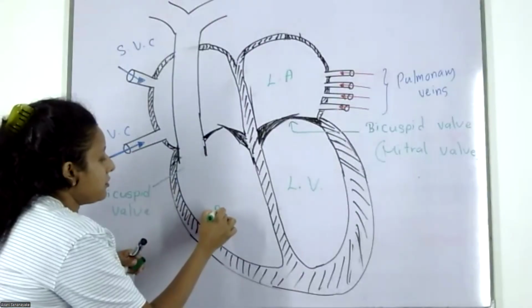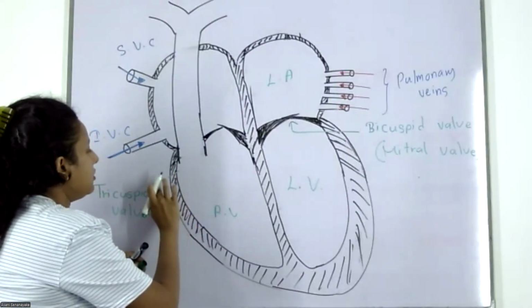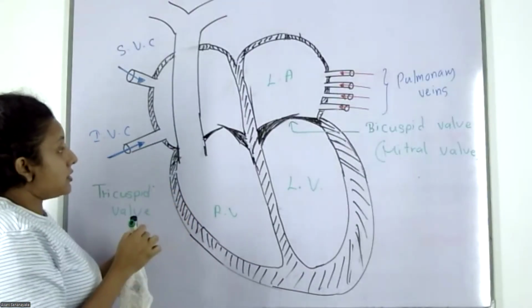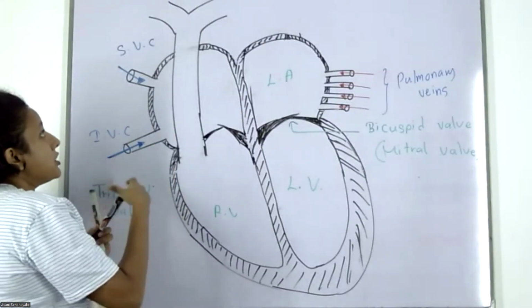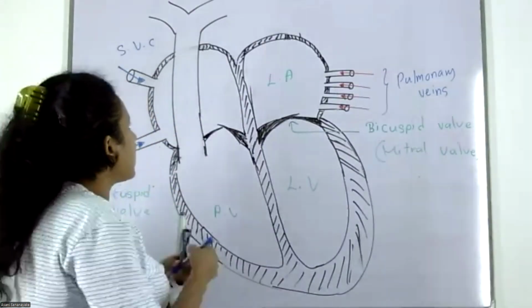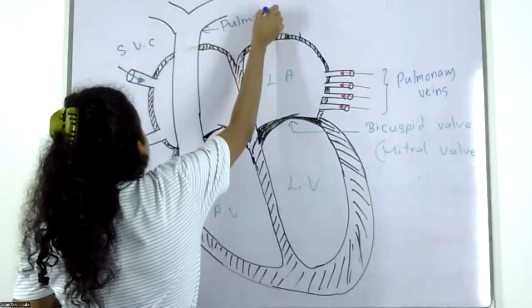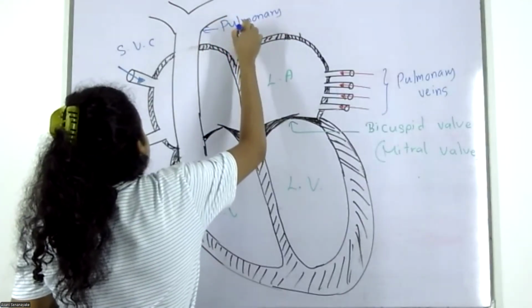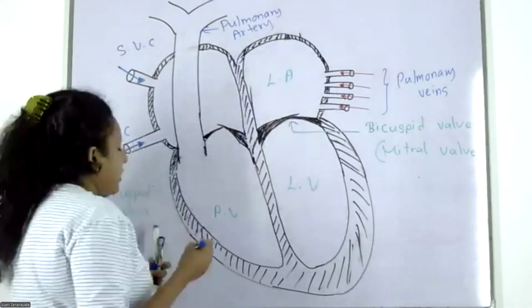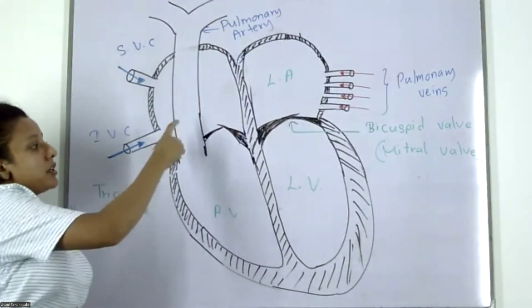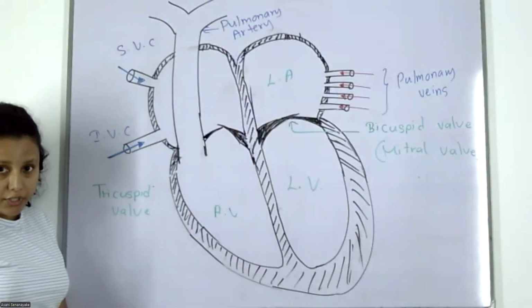This is the right ventricle. So the pulmonary artery starts from the right ventricle. I will write it here: pulmonary artery.